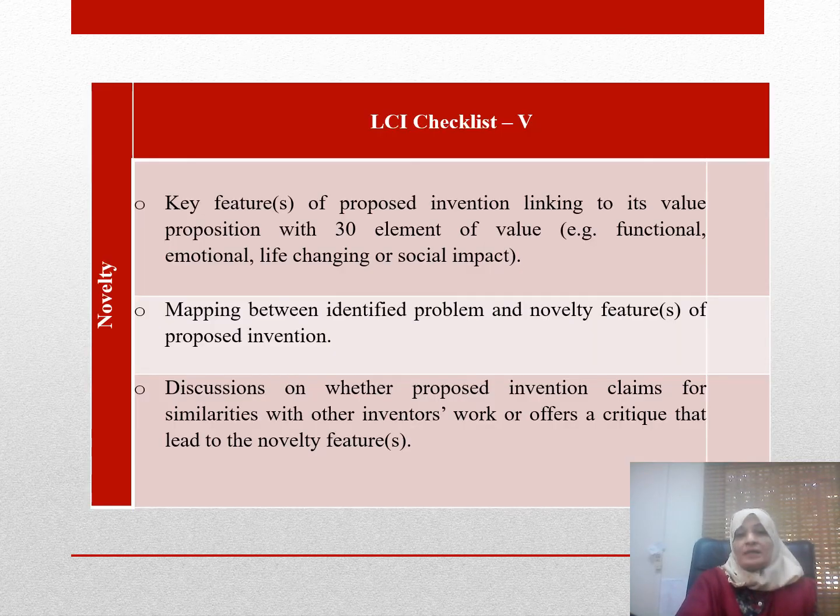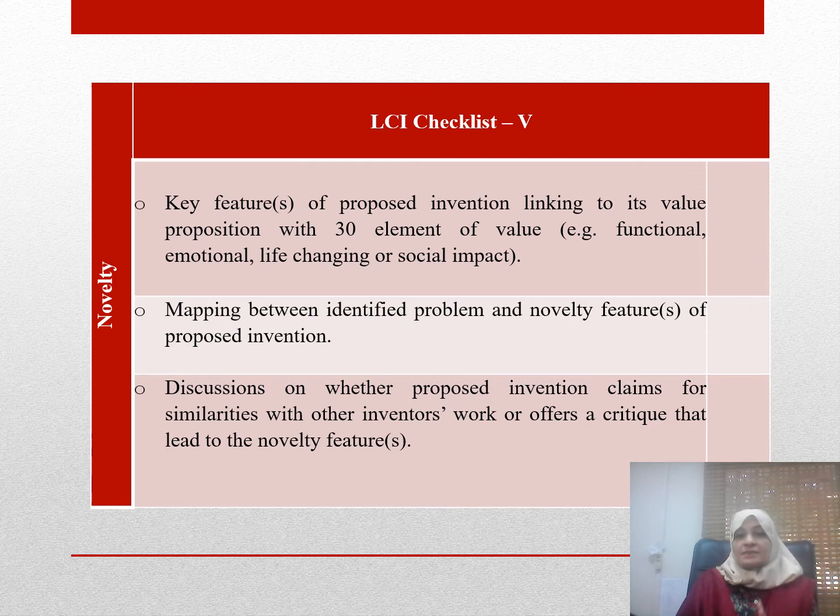Once you are able to understand these elements of the value pyramid, you also need to have a look at 3 different items that LCI checklist 5 is asking us. As I said, it's a norm for the LCI that for every component there is a question, a checklist, and a hands-on activity.